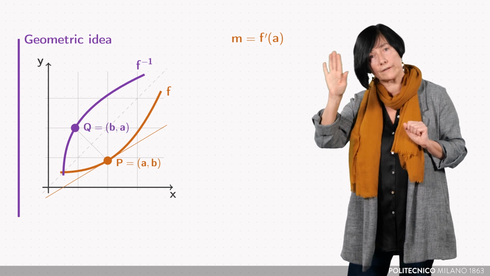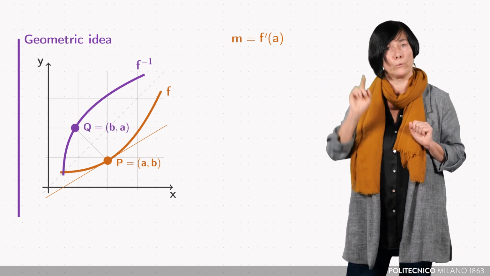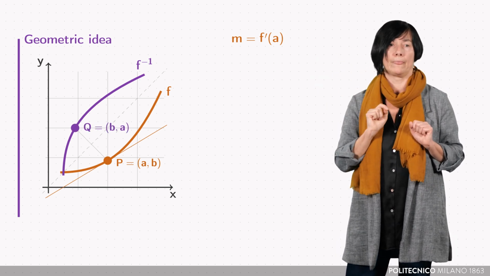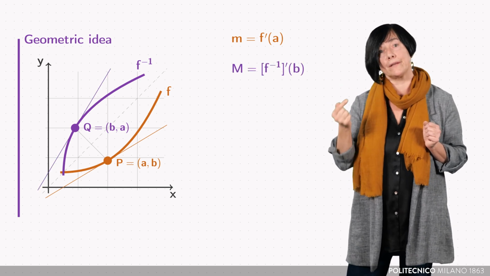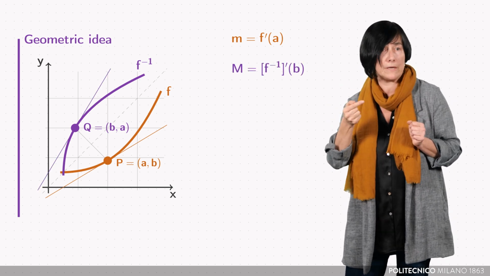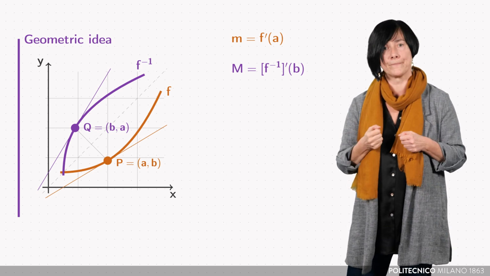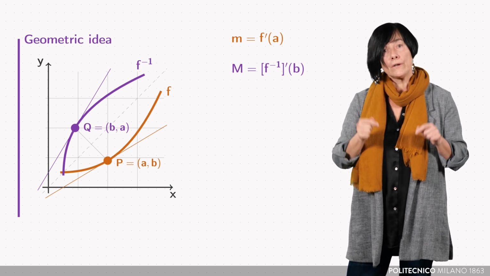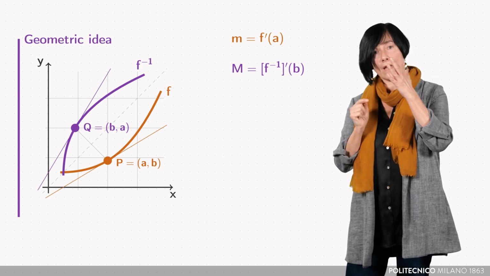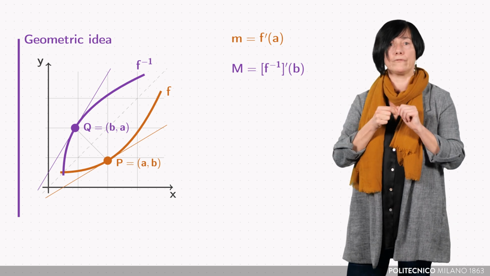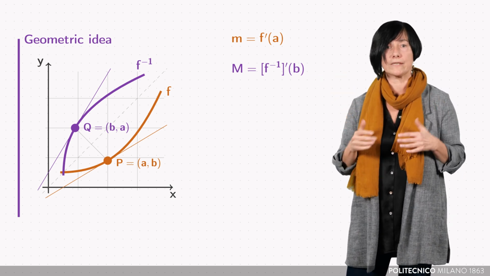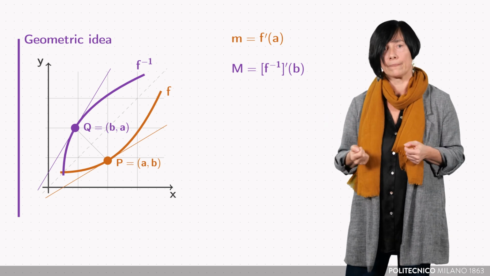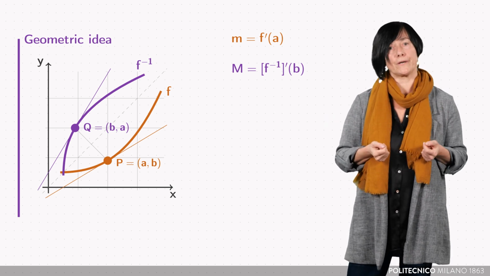Now, draw on the graph of the inverse the point Q with coordinates (b, a). Of course, the tangent line at Q has slope given by the derivative of the inverse at b. Let's call it big M. Now, since the graphs of f and f^-1 are reflections across the bisecting line, the two tangent lines are reflections as well. This is the key property.